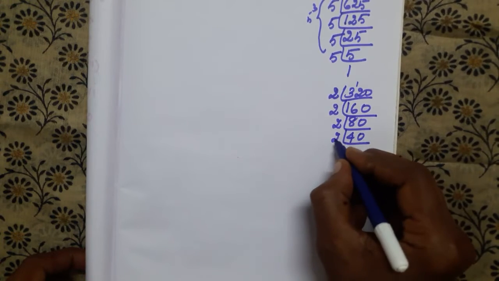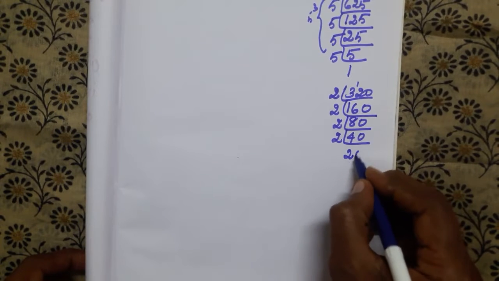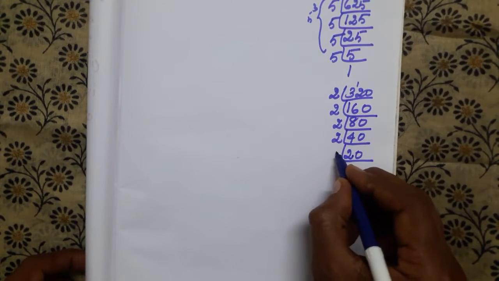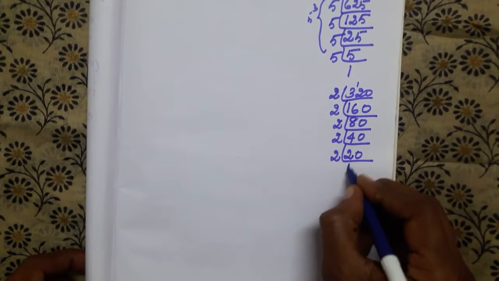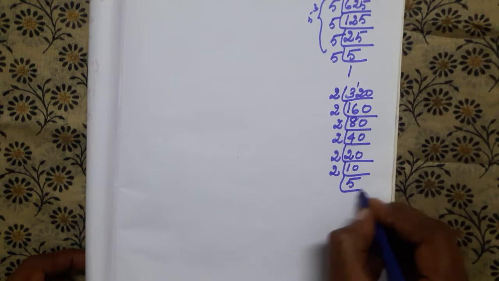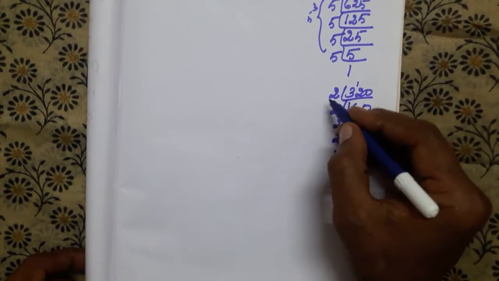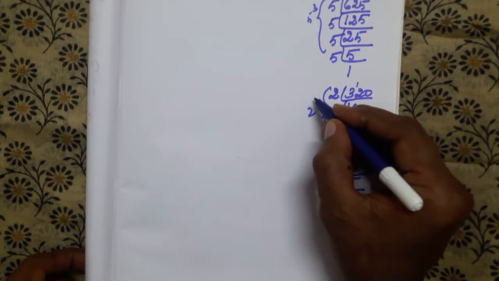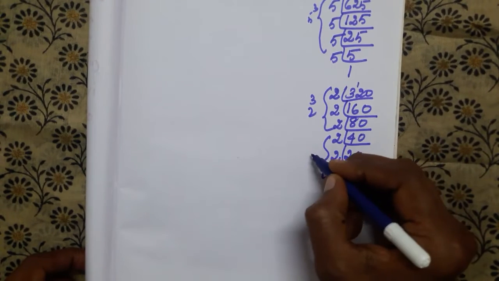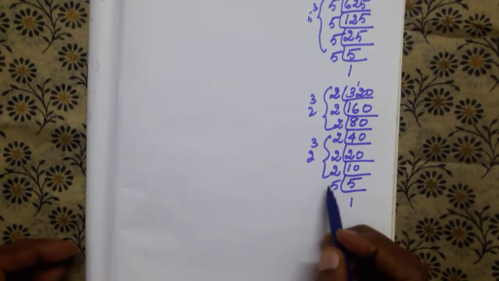Next again we can factorize with 2 table. 2 0. Again we can factorize with 2 table, 10. Next 2 table, 5 2s are 10. Again we can factorize with 5 table, 1 5 is 5. Three numbers together, 2 cube into 2 cube.